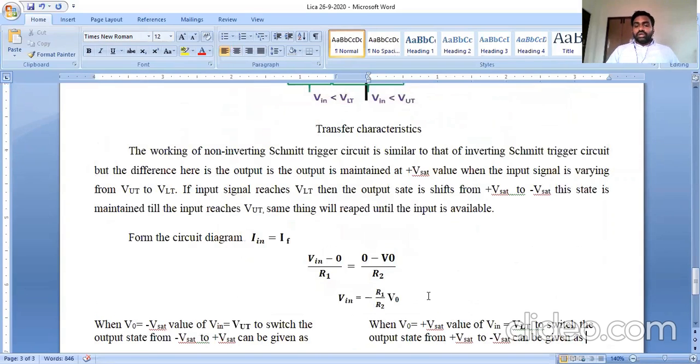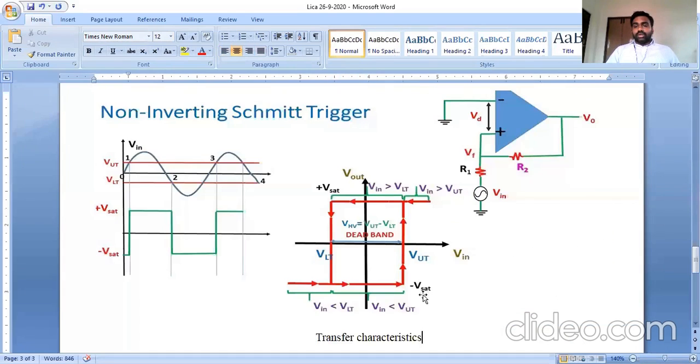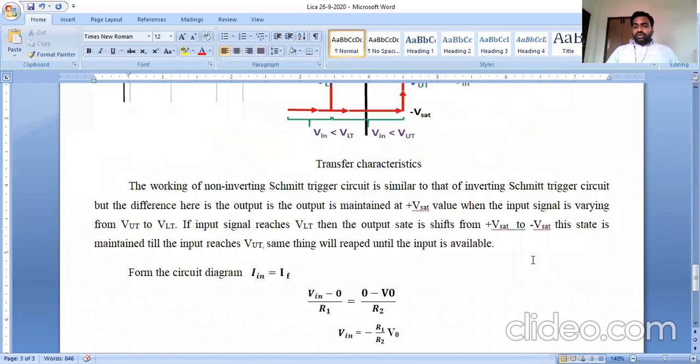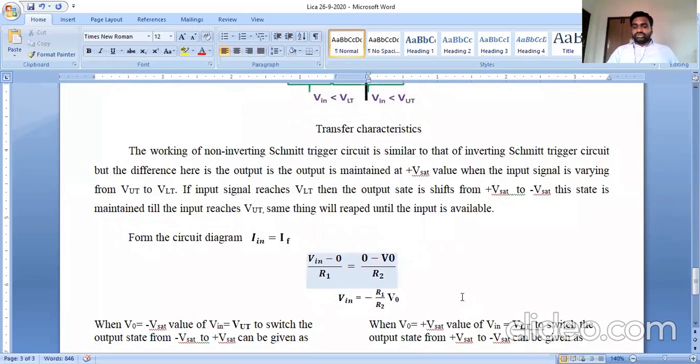If we do the voltage drop analysis here, V input minus the voltage at this instant, which is 0, divided by R1 is equal to I1. And the feedback current is equal to 0 minus V0 with respect to R2. This is the drop across the two resistances.